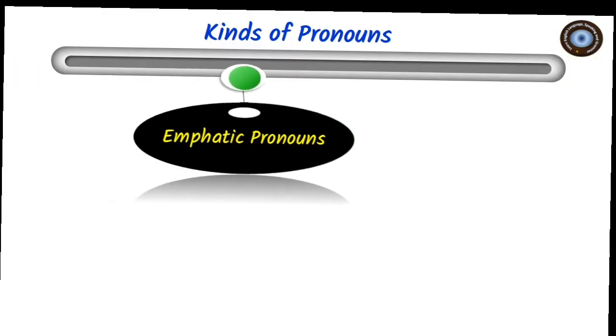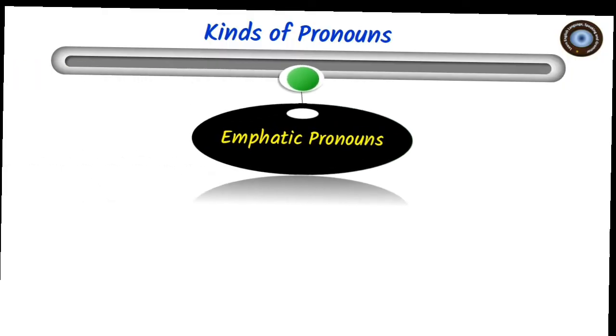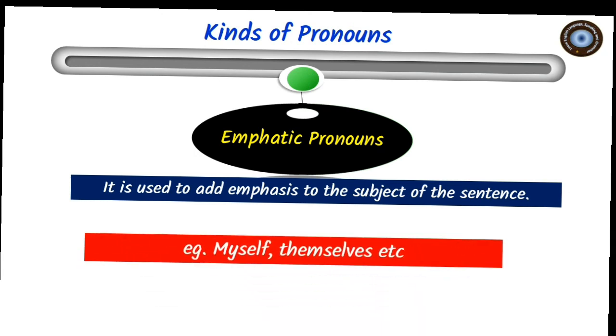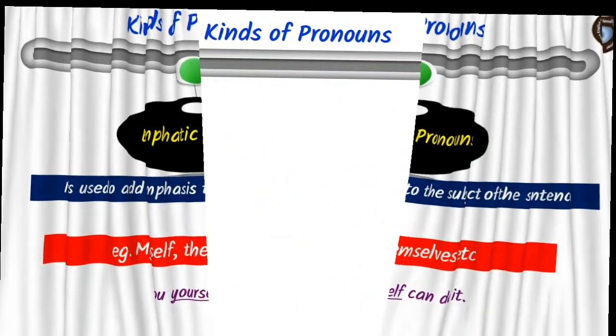Emphatic pronouns. These are used to add emphasis to the subject of the sentence. For example, myself, themselves, etc. are the examples of emphatic pronouns. You yourself can do it. So in yourself we find emphasis.